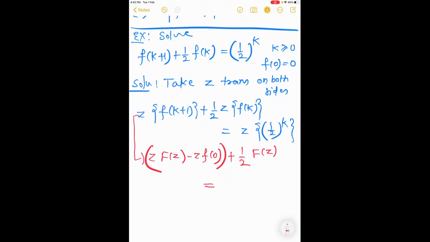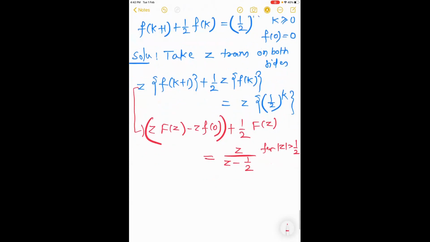What is the transform of a raised to k? z upon z minus half. Yes, very good. That is just z upon z minus a, where a is half here. So z upon z minus half for mod z greater than half.